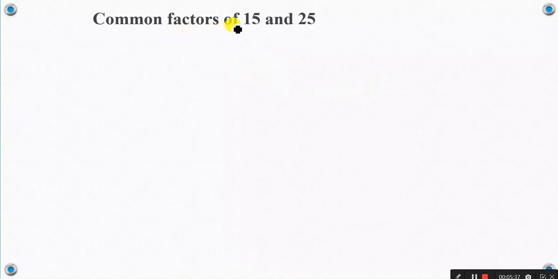For the common factors of 15 and 25, we first check each number's factors, then the factors that are found in both numbers are the common factors. The factors of 15 are 1, 3, 5, 15.